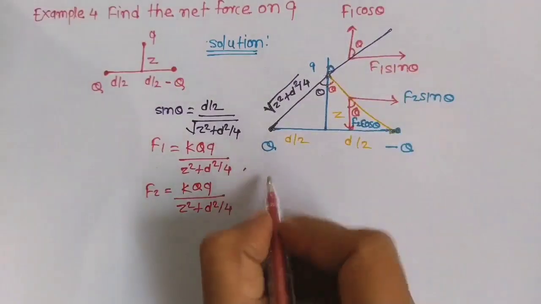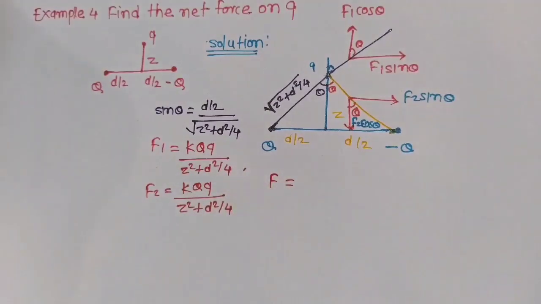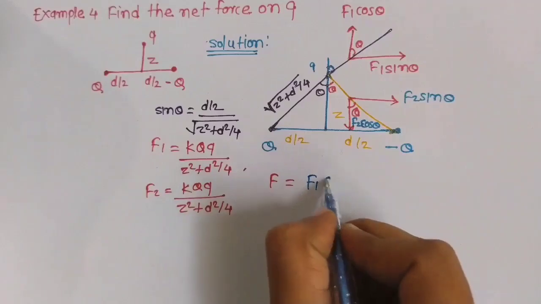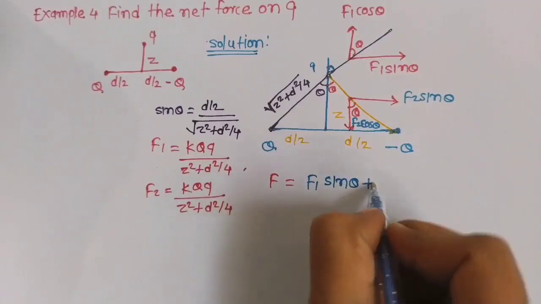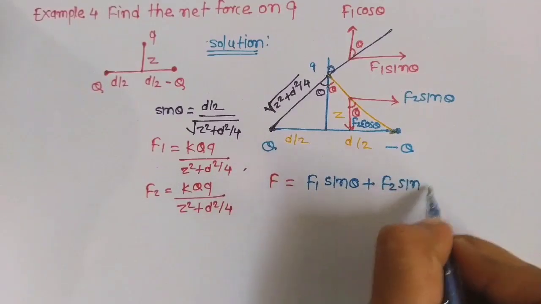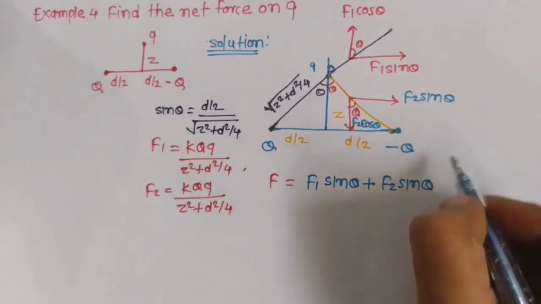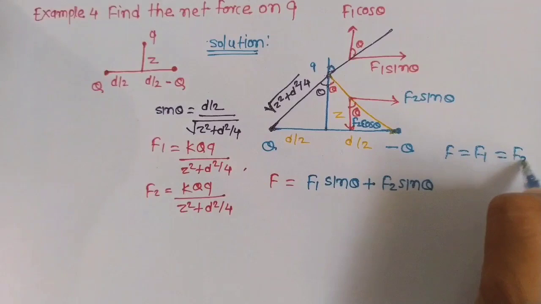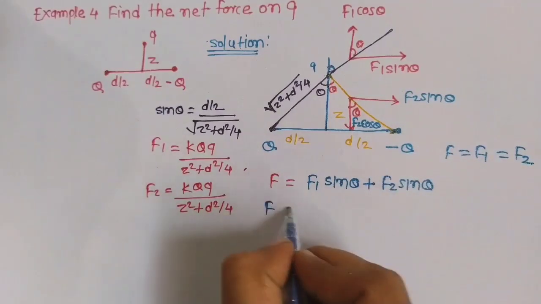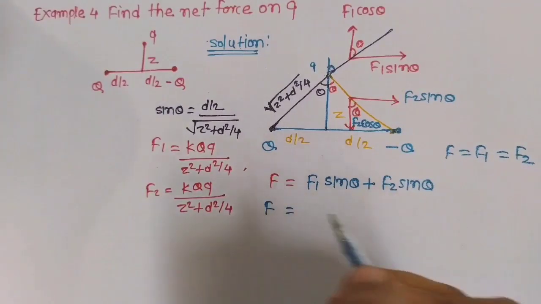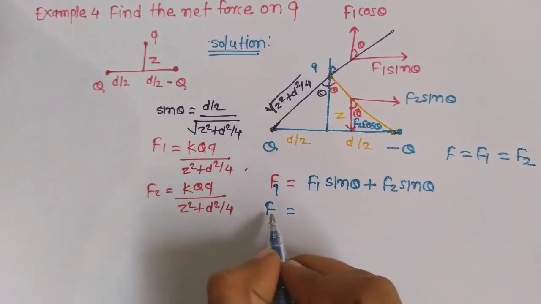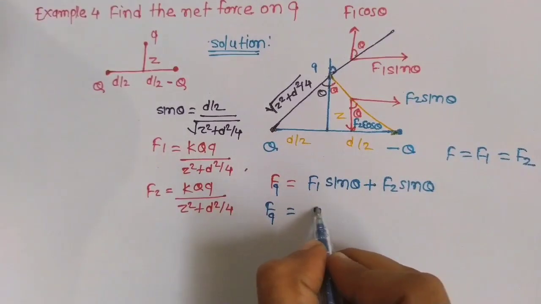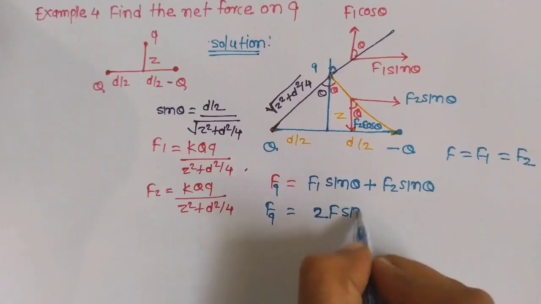On the y-axis, only the x-axis term is remaining, that is F1 sin theta plus F2 sin theta, and here F1 and F2 are equal, therefore F is equal to F1 is equal to F2. So F is equal to twice F sin theta.